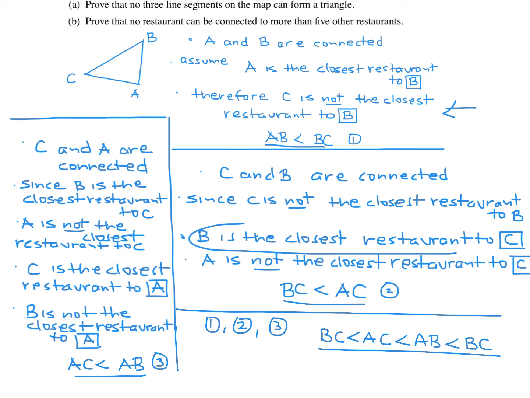That doesn't make any sense, right? That's not possible. So what that basically proves is that it is impossible to form a triangle like this with 3 line segments based on the criteria given in the question. So just write that out and you'll be done with part A of this question.